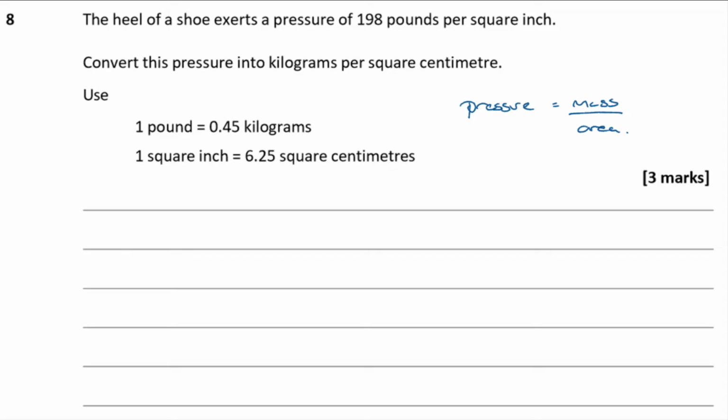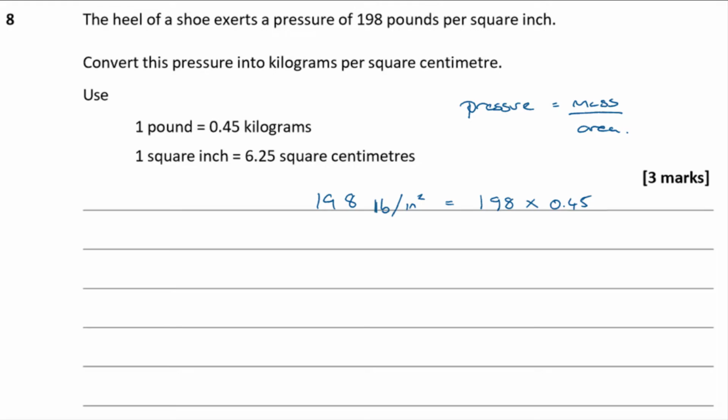Okay, so convert pressure in kilograms per square centimeter. So we know that it's 198 pounds per square inch, and we want to know what that is in kilograms first. So let's convert into kilograms first. We're going to use the 1 pound equals 0.45 kilograms first. So we're going to multiply then that 198 by 0.45.